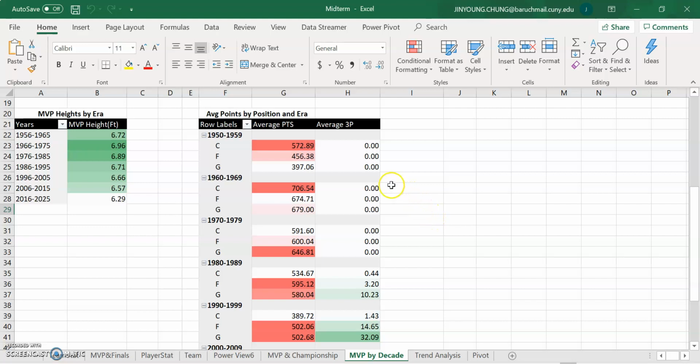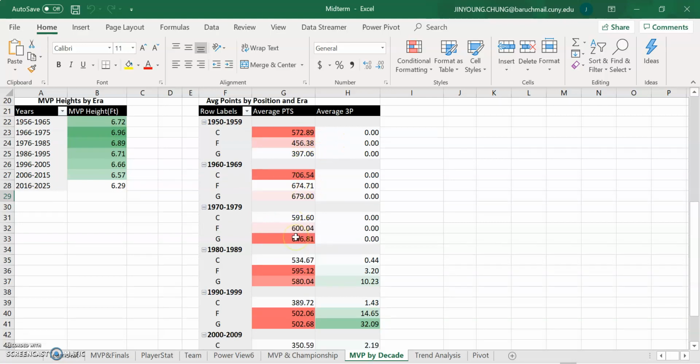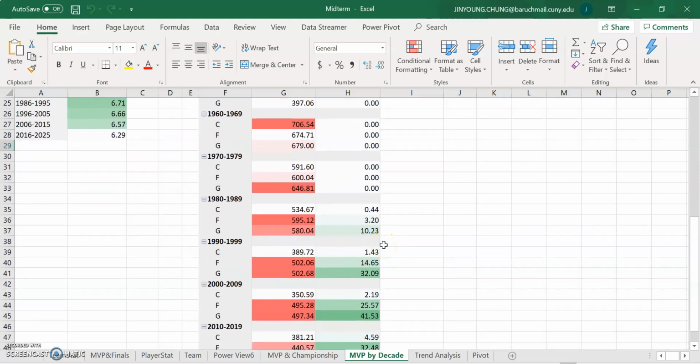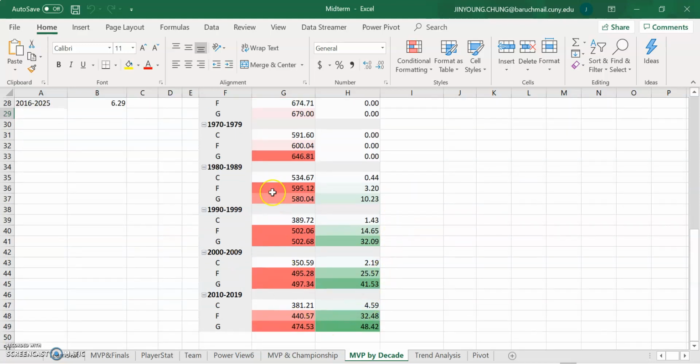In the early era, big men were responsible for most of the points. However, with the introduction of the 3-point rule in the 1980s, relatively small positions are getting attention and lead the team scoring. This trend continues until 2019.